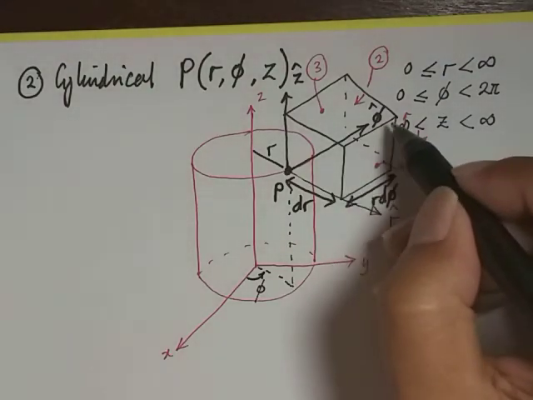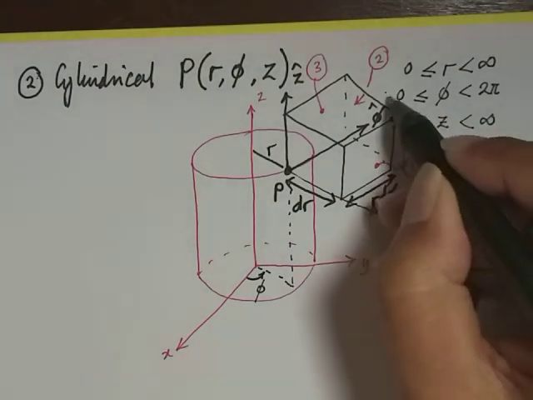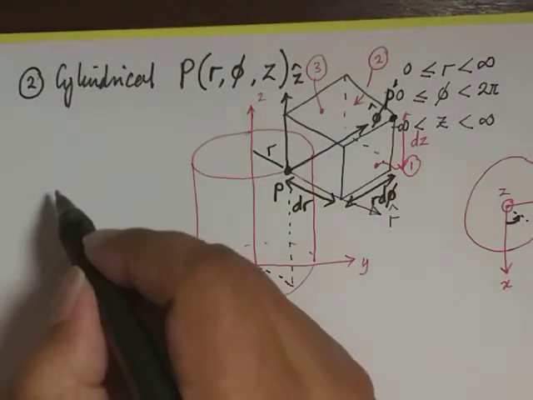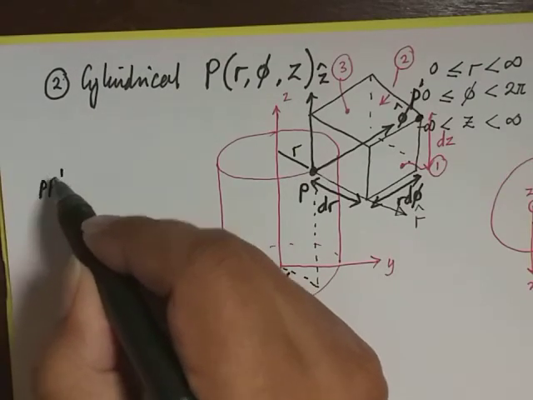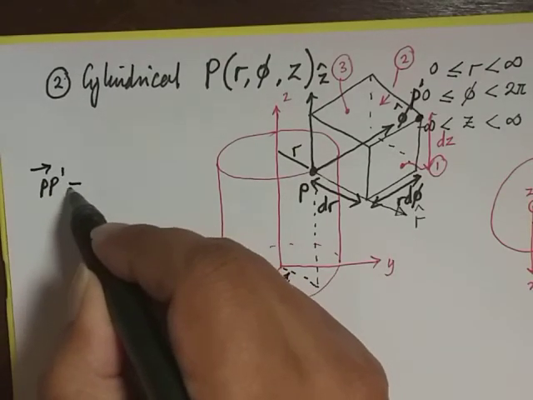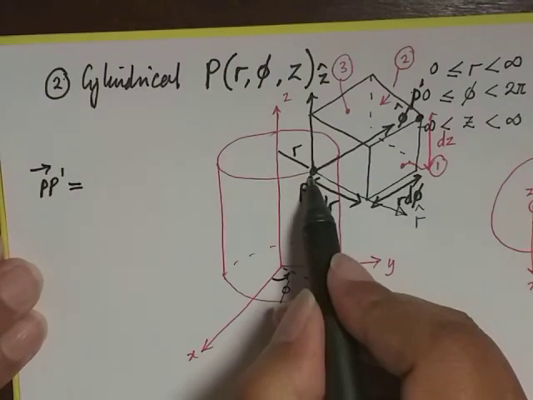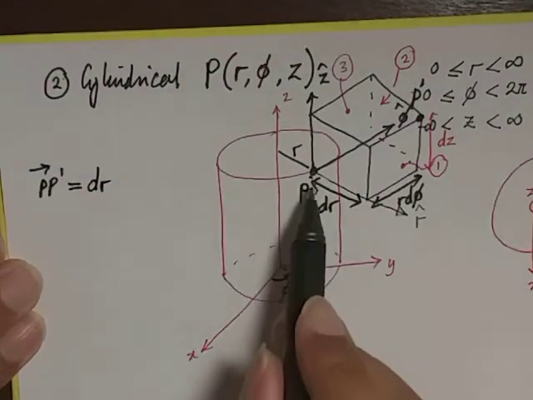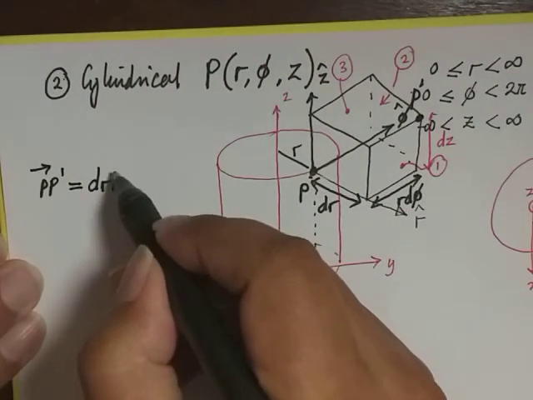Now if I put this particular point here to be P prime, mathematically, P to P prime, based on a similar approach to what we defined in Cartesian. From here I'm going to follow this path, magnitude-wise dr, and the direction agrees with positive r.